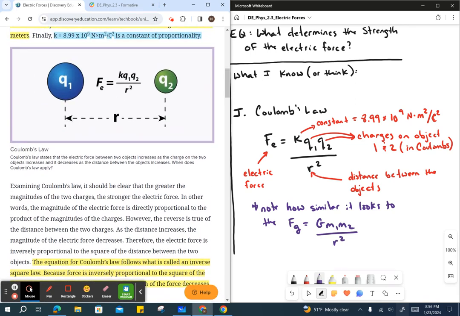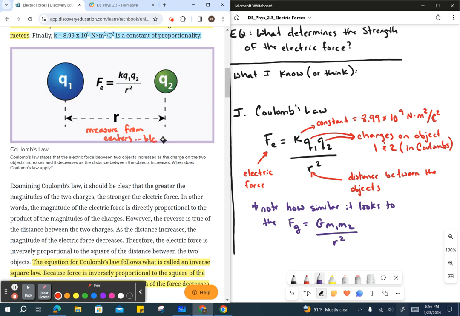Notice here that when they're calculating r, they use the centers. Measure from center to center. Why?